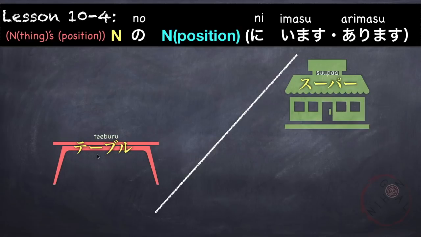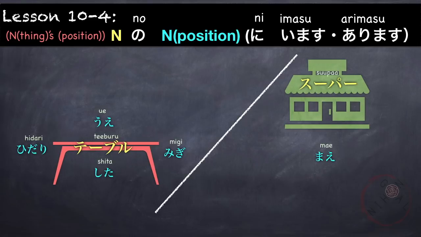So if we say above the table or on top of the table, we say teburu no ue. Or teburu no shita. Or teburu no hidari. Teburu no migi. So on top of the table, beneath or below the table, on the left side of the table, or on the right side of the table. We could also use this with another place. For example, super.